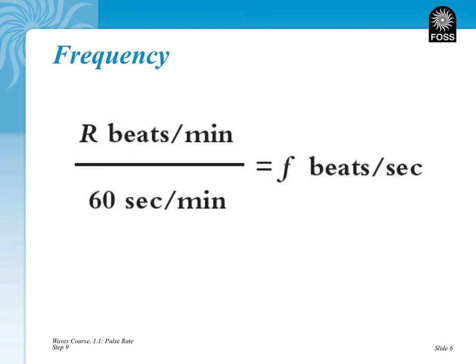So you might recall while I was sitting at my desk that I had 48 beats in a minute. I did that because I took my 12 beats per 15 seconds times 4. Now, what is my frequency if I talk about beats per second? To find beats per second, take the number you have calculated for beats per minute, which for me was 48, divided by 60 seconds, because there's 60 seconds in a minute.